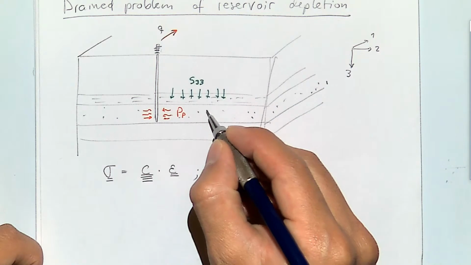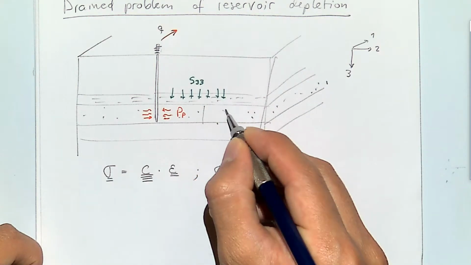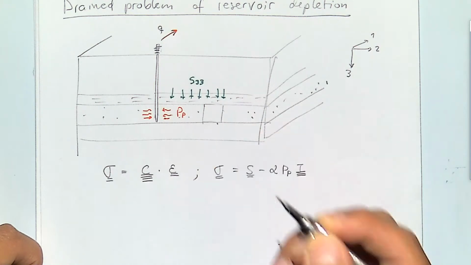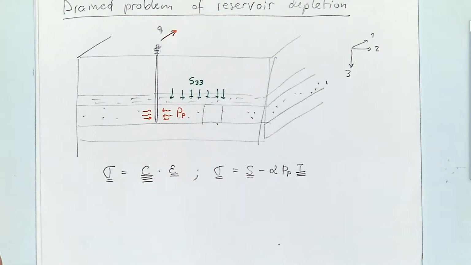So let's imagine that, let's isolate a cube here. So remember that this is now a three-dimensional problem, and what we have to answer is the variation of stresses in three directions. So let me ask you the following.